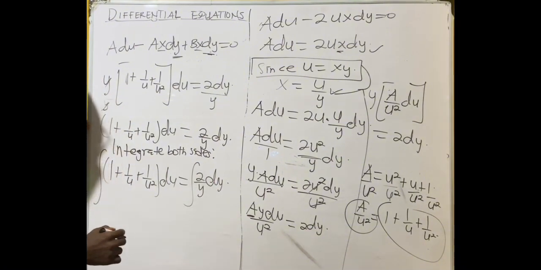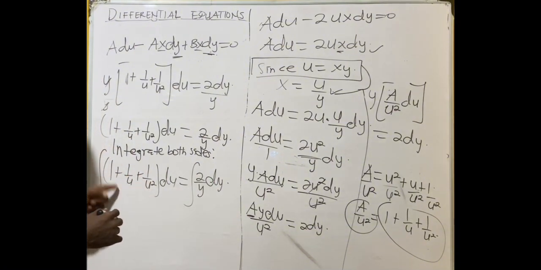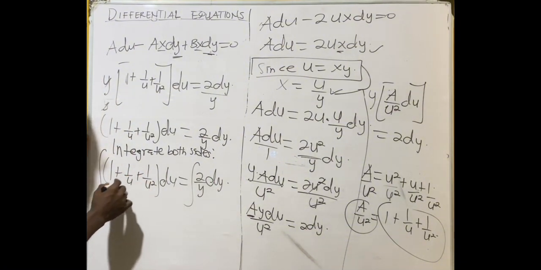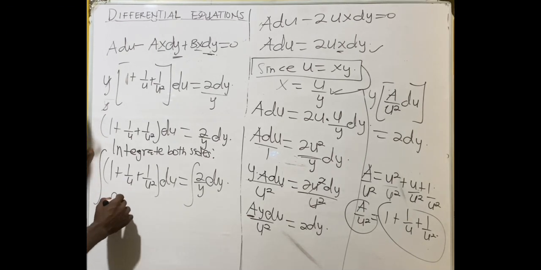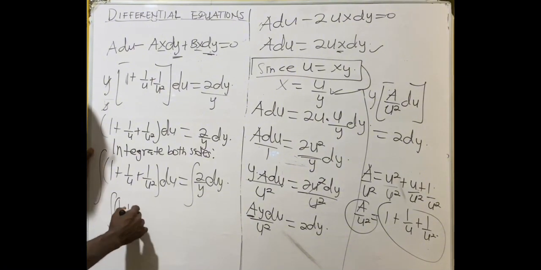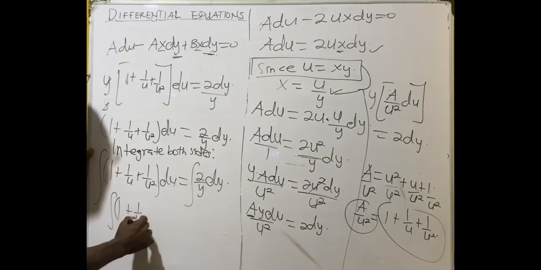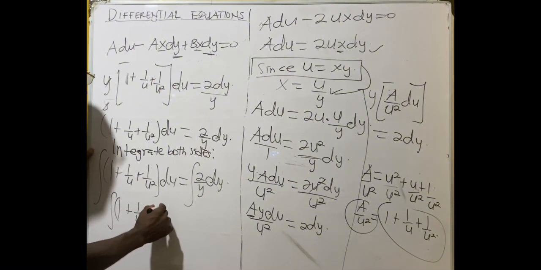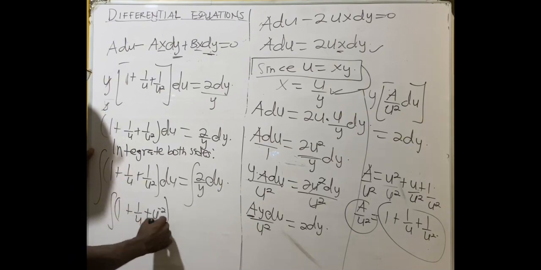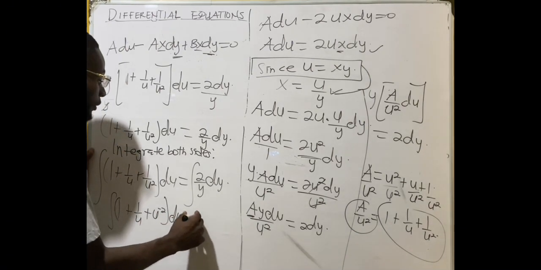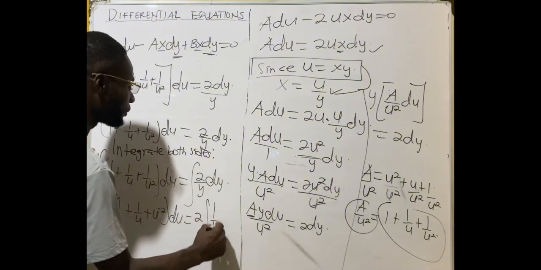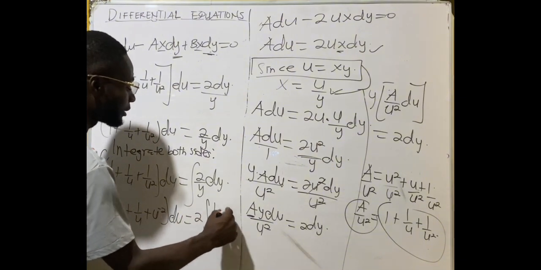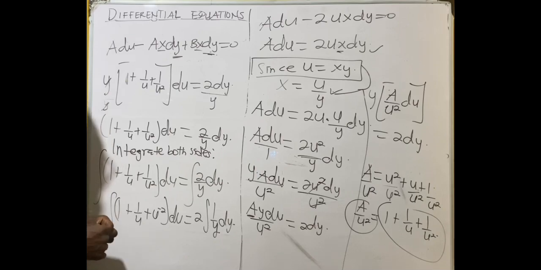We integrate that as well. Let's try to express this differently again. So we're going to have integral of 1 plus 1 on u plus u power negative 2 du equals 2 times 1 over y dy, right?